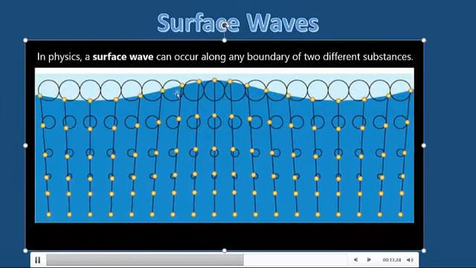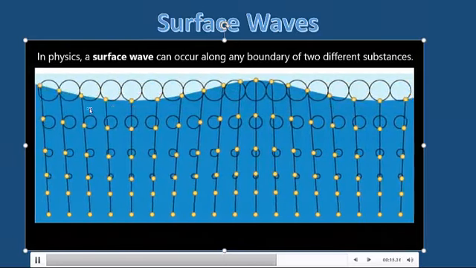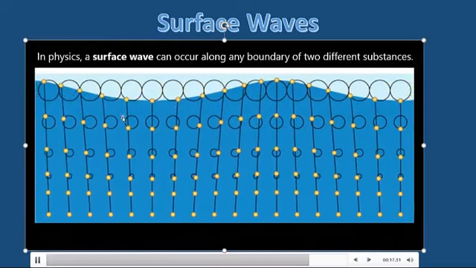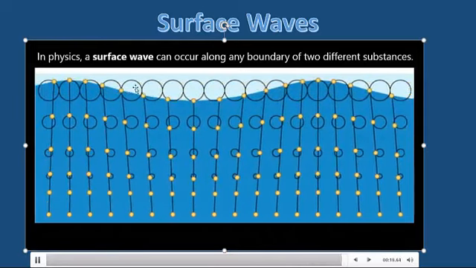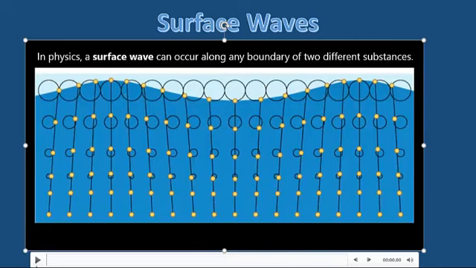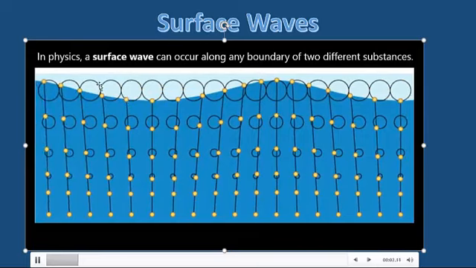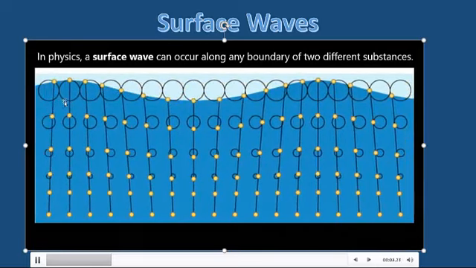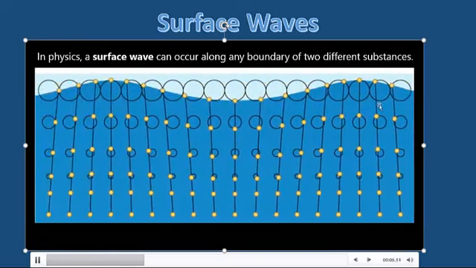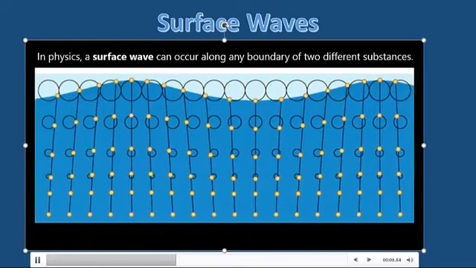So here you see a wave propagating from left to right, and what you see is that the water molecules are not moving with the wave. They're moving locally in circular motions, and the wave is propagating towards the shore.